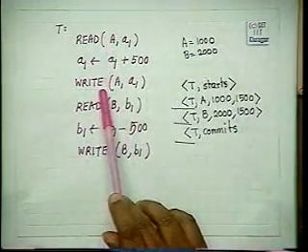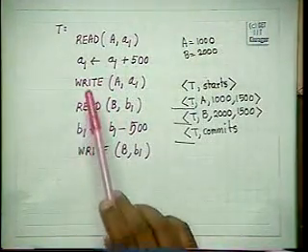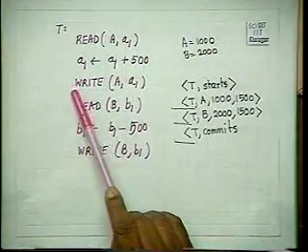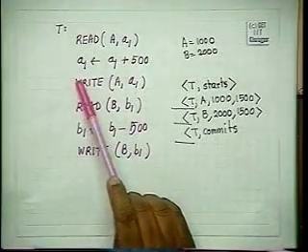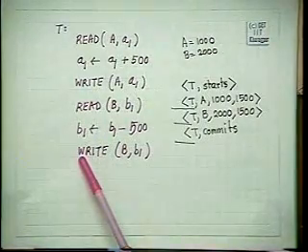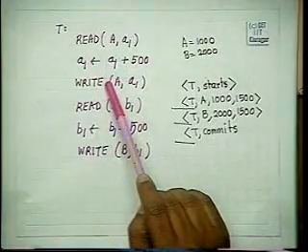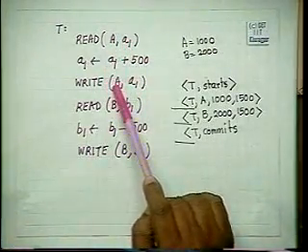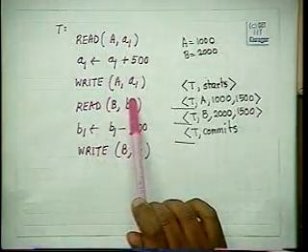this write is pushed till the end. You can push this write since there is only one write. Since there is only one write, it does not matter whether I execute this write here or I execute this write here. Since there is only one read for A and one write for A, the read will obviously be before the write.